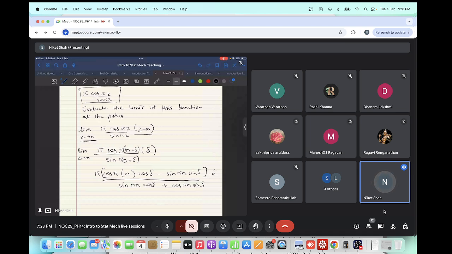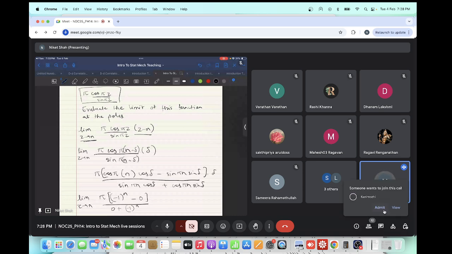So cos n pi can be minus 1 raised to the power of the integer, minus 1 raised to n, minus 0, because sin pi n is going to give me 0, divided by sin pi n cos delta is a 0 plus cos pi n again gives me minus 1 raised to the power of n, and sin delta will stay as it is, sin delta multiplied by delta, right?